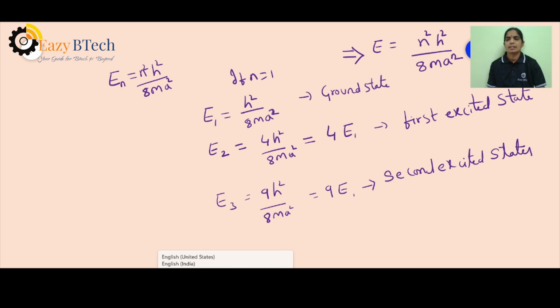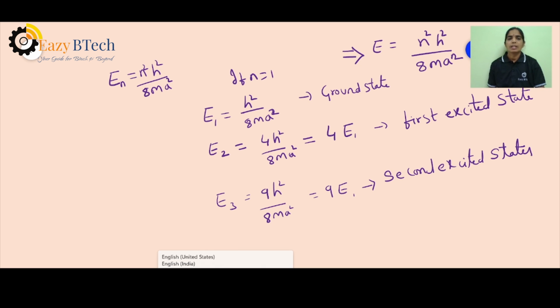The difference between any two energy states could be easily calculated. Generally, you can expect numericals with the difference between the ground state and first excited state, or second excited and first excited states, etc. Then it becomes E3 minus E2, or E3 minus E1 if it is between the second excited and ground state.